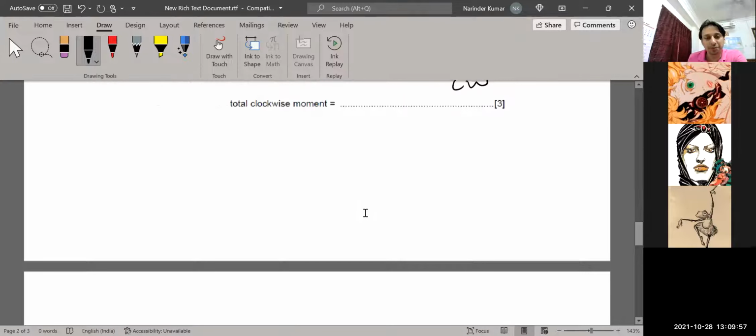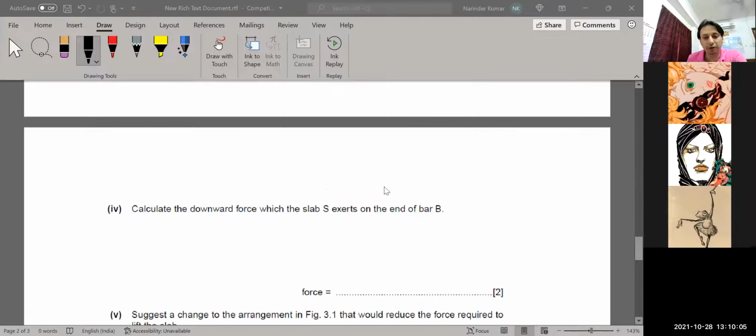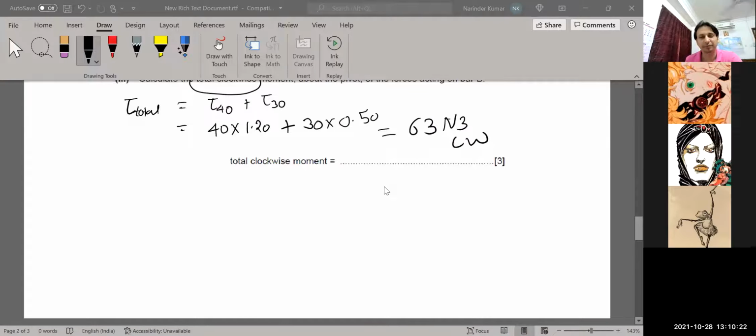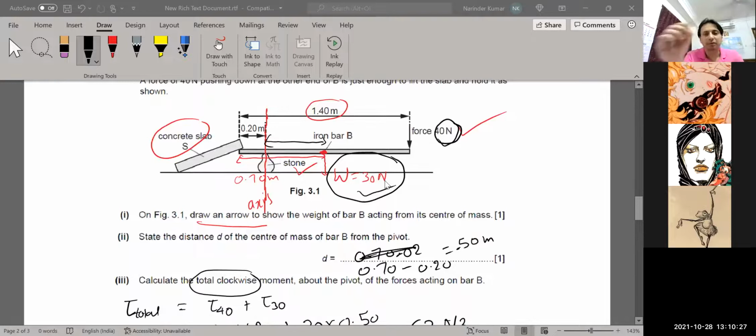Now in the next part, calculate the downward force which the slab S exerts on the end of bar B. Where is this in the diagram? The downward force that the slab should exert on the bar.